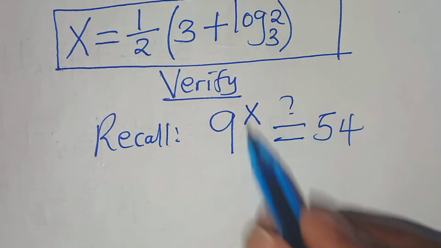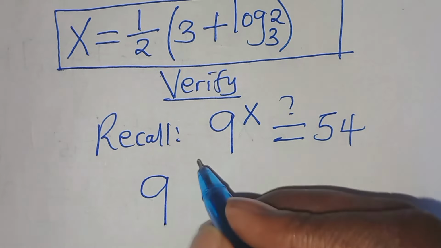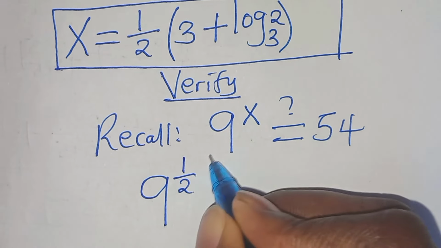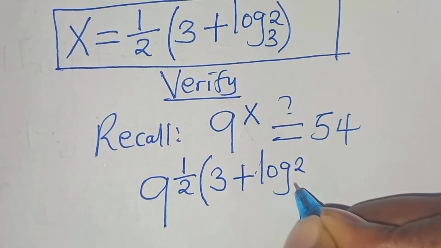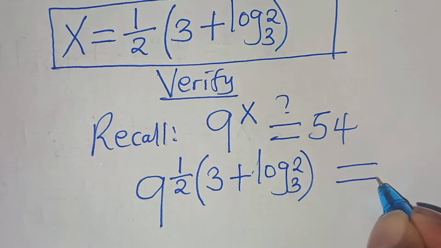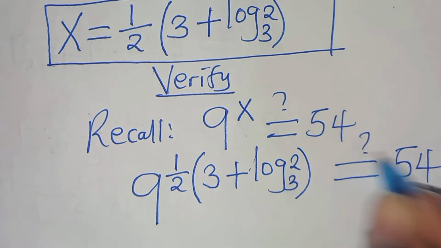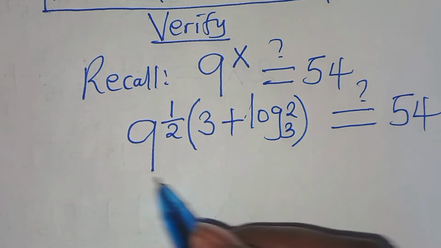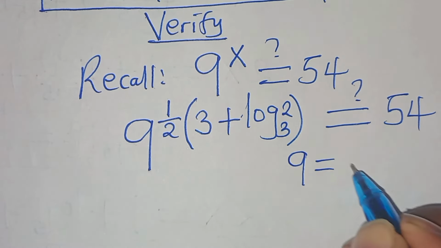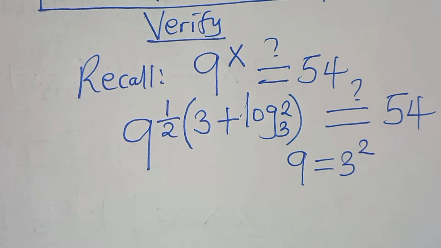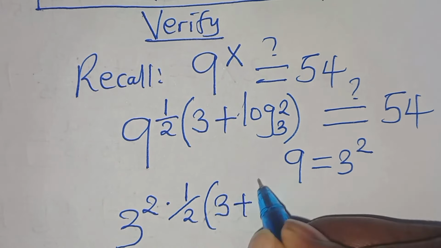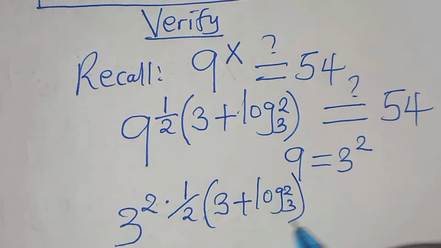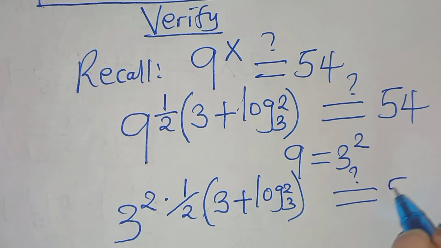So let's substitute the value of x here so that we have 9 to the power of a half, into the parentheses, 3 plus log 2 to base 3, which is supposed to give us a value of 54. Now, this implies that we can express 9 as 3 to the power of 2, so that now we have 3 to the power of 2 times a half, into the parentheses, 3 plus log 2 to base 3. This should give us a value of 54.